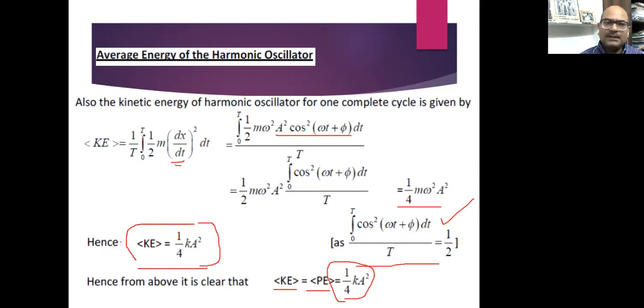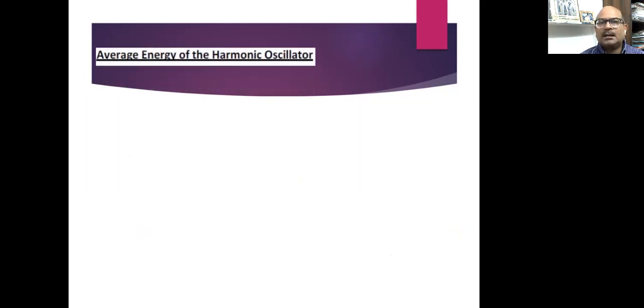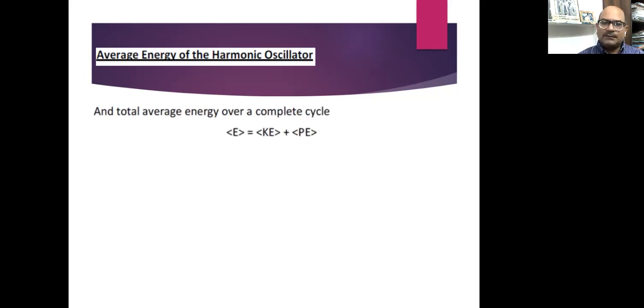So at any moment of time, the average energy of the simple harmonic motion taking object is constant. And total average energy over a complete cycle, if we say the kinetic energy plus potential energy, so we sum up, that will be half Ka square.